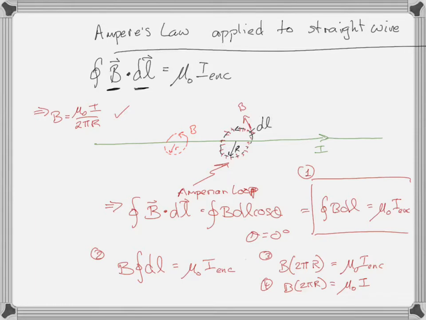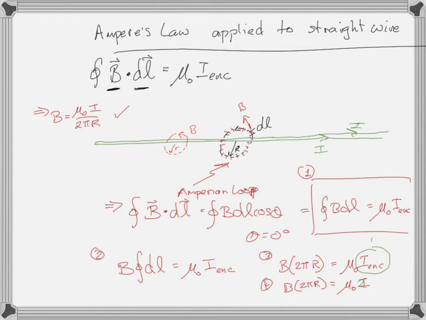Now, how would this change if, for example, I had a second wire going through the loop? Let's just say it's reasonably close to the other one, so I don't have to worry about the separation between the two. If I have two wires going through the loop, both with current I, then that would mean the I enclosed is equal to 2I.